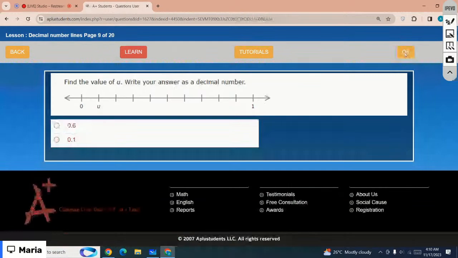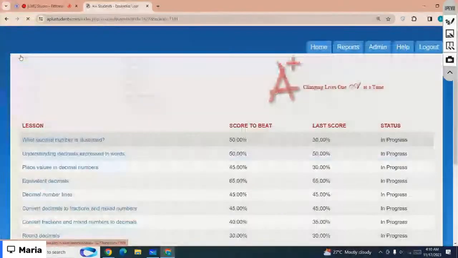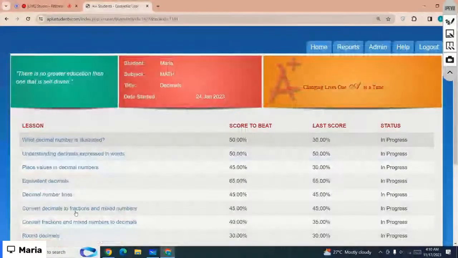Okay, the next one is find the value of u, which is the correct option. Okay, u is 0.1. You can complete the lesson by yourself later today. Let's just move on to the next lesson. The next lesson is convert decimals to fractions and mixed numbers.